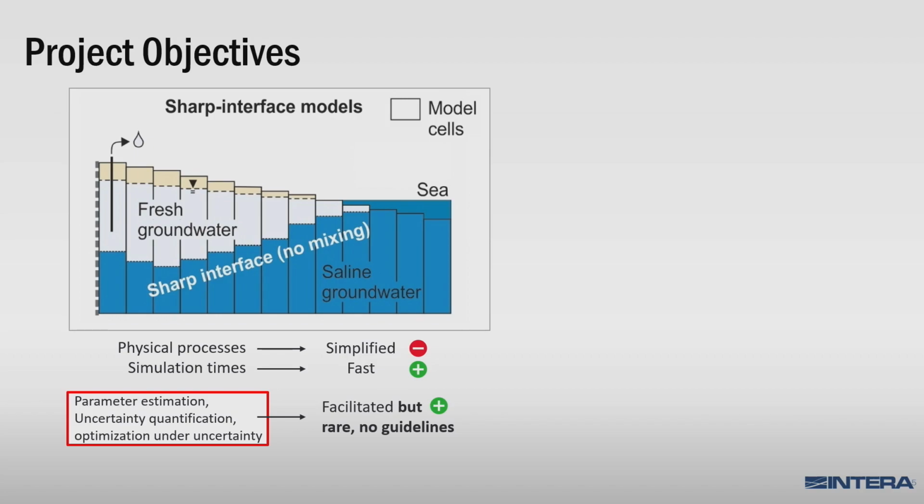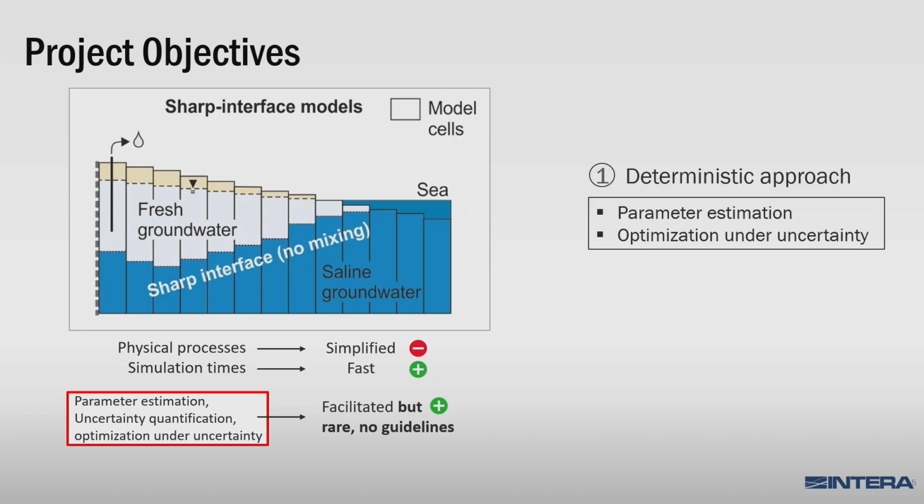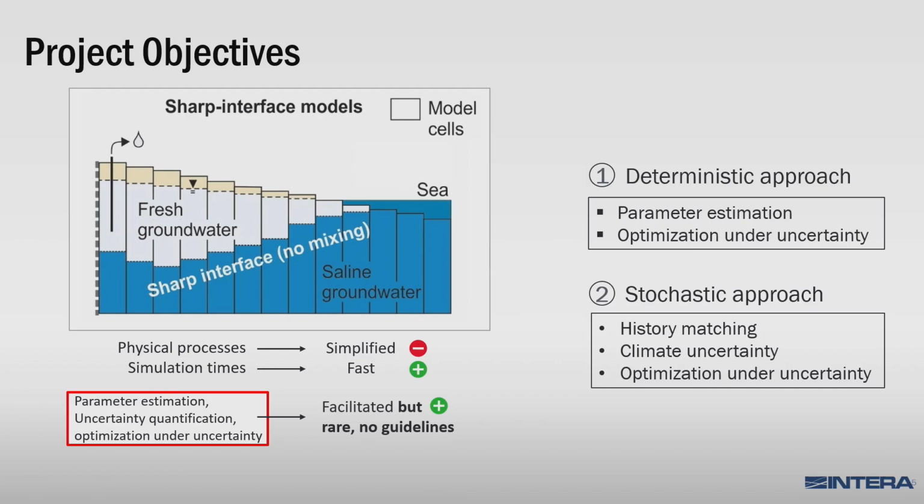But as a result, we have very fast simulation times, which allow for the implementation of parameter estimation, uncertainty quantification, etc. So in this talk, I'm going to present first the deterministic approach that we developed to implement optimization under uncertainty, and then the stochastic approach that we used to implement optimization under uncertainty, in which we also considered climate uncertainty.